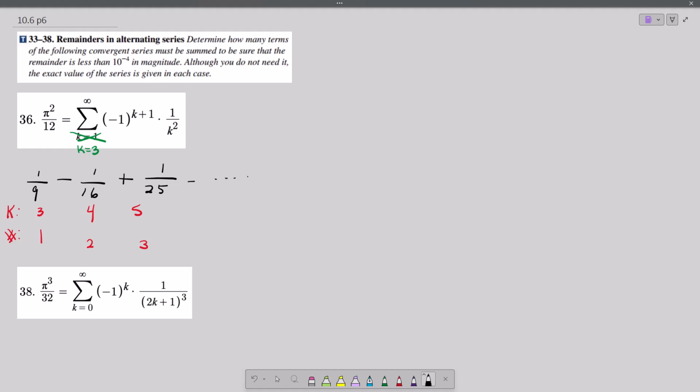Now, we need to figure out what k has to be. So we want 1 over k squared to be less than 1 over 10 to the 4. That's what we're trying to solve. We want to know, what's the k value? When we cross multiply, we have 10,000 on the left, and we want k squared to be bigger than 10,000.